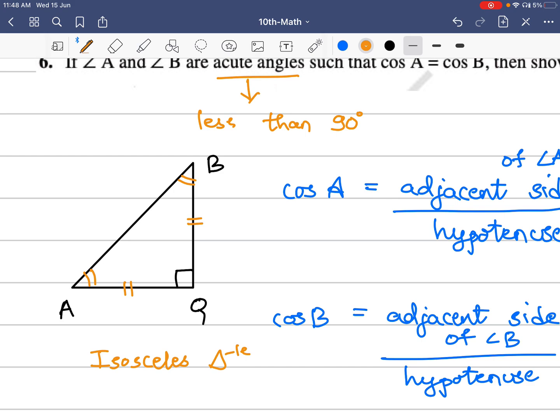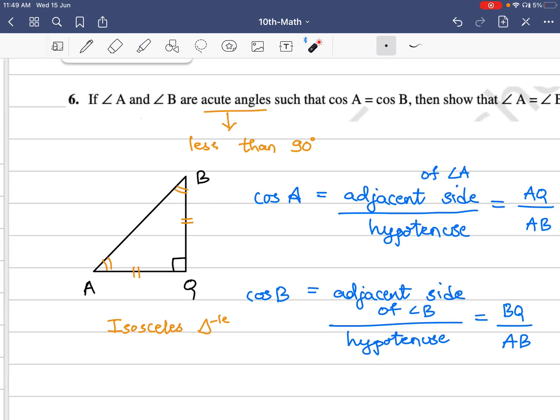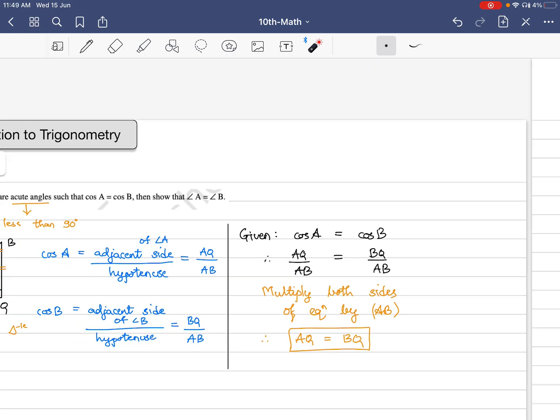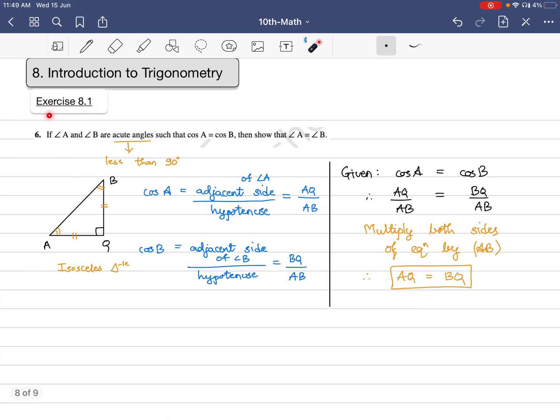So angle A is going to be equal to angle B, and that is exactly what the question asks. Show that angle A is equal to angle B. Since we showed that these two sides are equal, these two angles are also equal. So angle A is equal to angle B, hence proved. So this was our question number 6 for exercise 8.1.